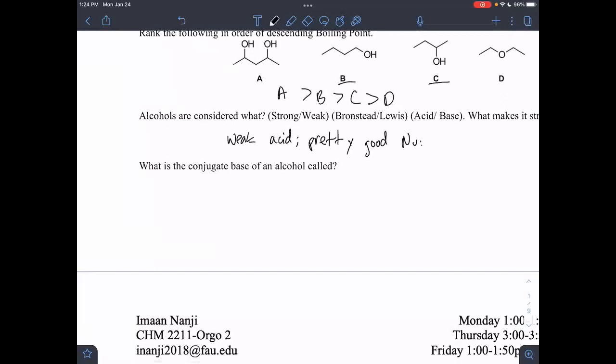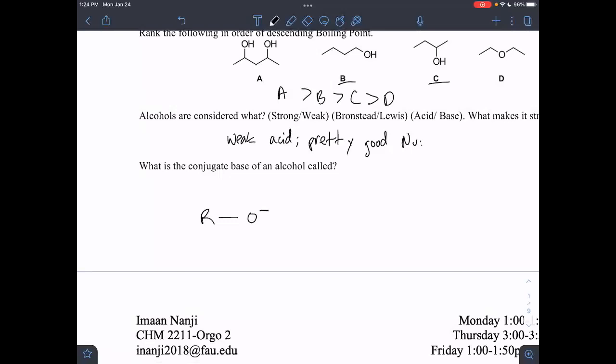Do we know what the conjugate base of an alcohol looks like and what it's named? Yeah, it's O negative attached to something. And what's it called? Yeah, it's going to be an alkoxide.